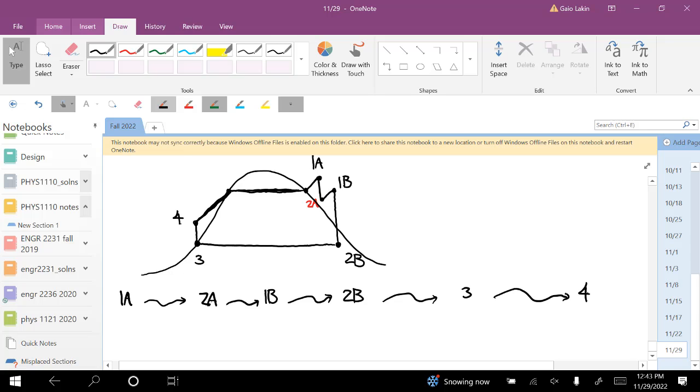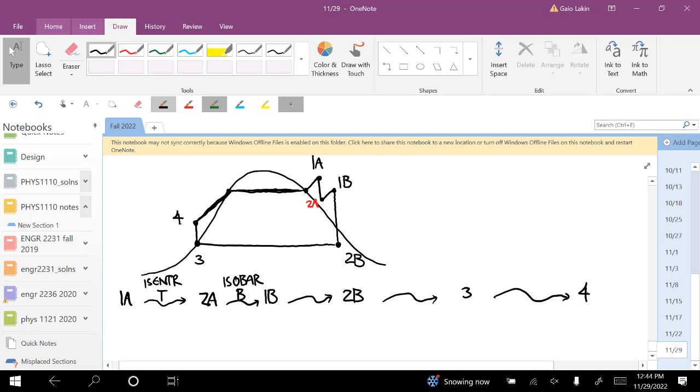From 1A to 2A, that's an isentropic turbine. From 2A to 1B, that's an isobaric boiler.